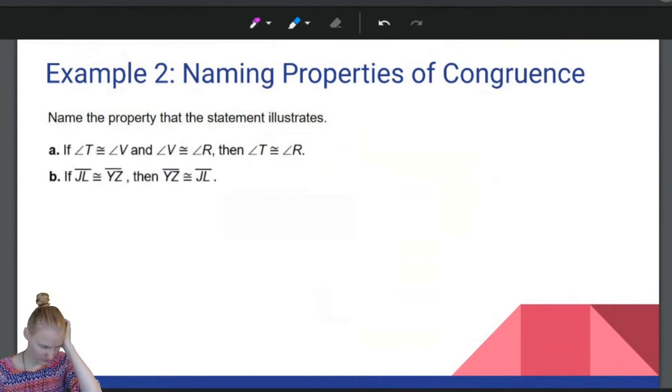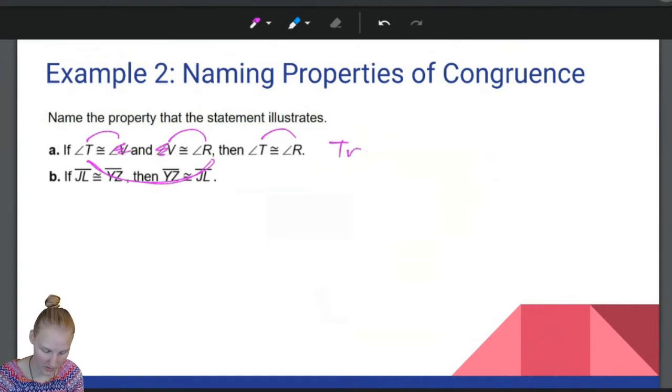Well, T congruent to V, V congruent to R, then T congruent to R. This is the one where I'm hopping around. This is the one where I can cut out the middleman. This is the transitive property of congruence.